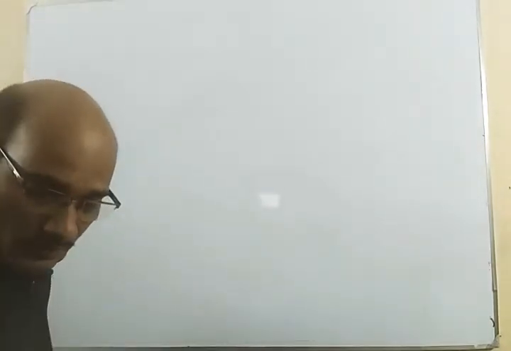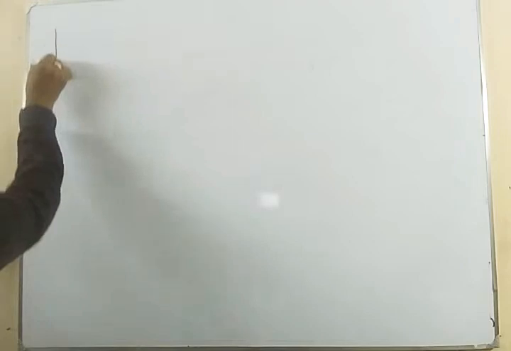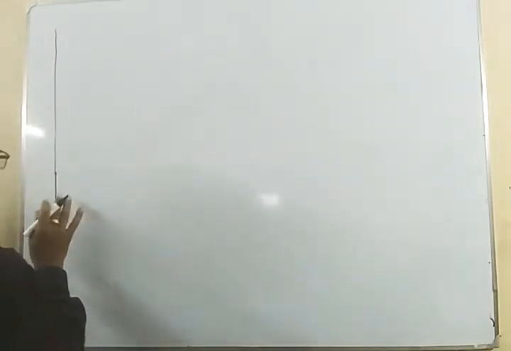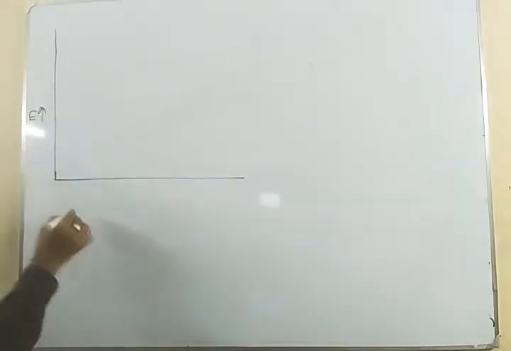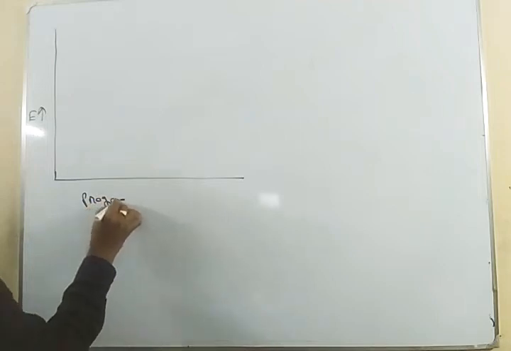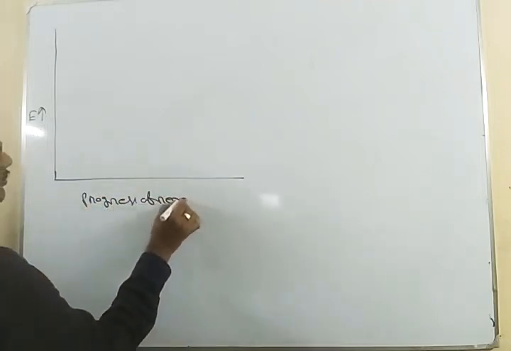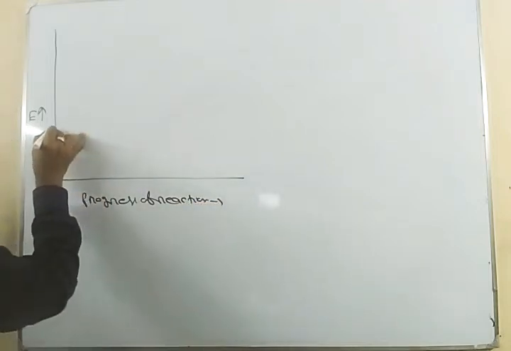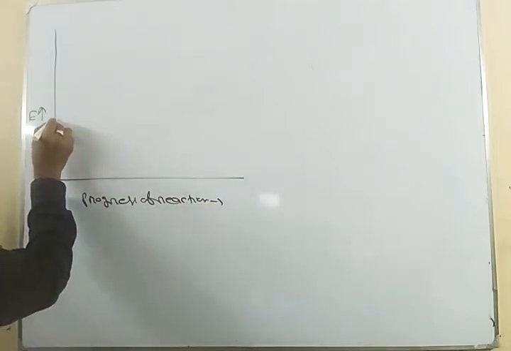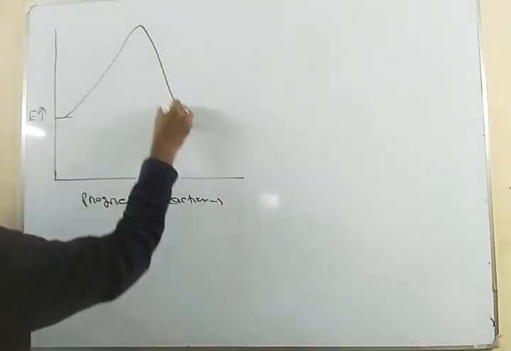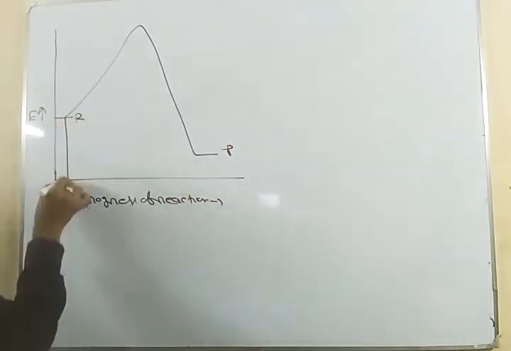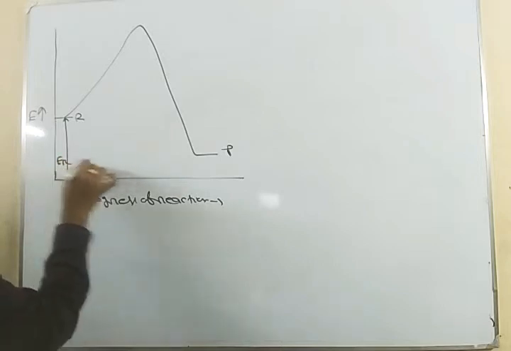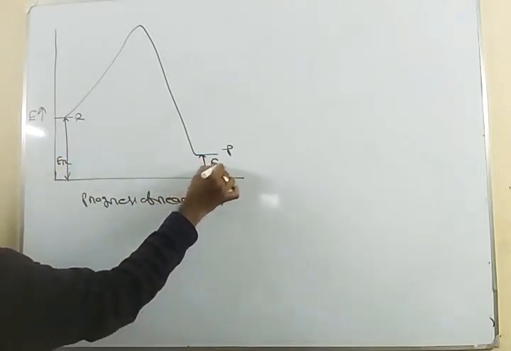Let us see. Suppose I take a graph. I will take energy and the progress of reaction. Suppose ER here and P here. This is the energy of reactant. This is the energy of product.